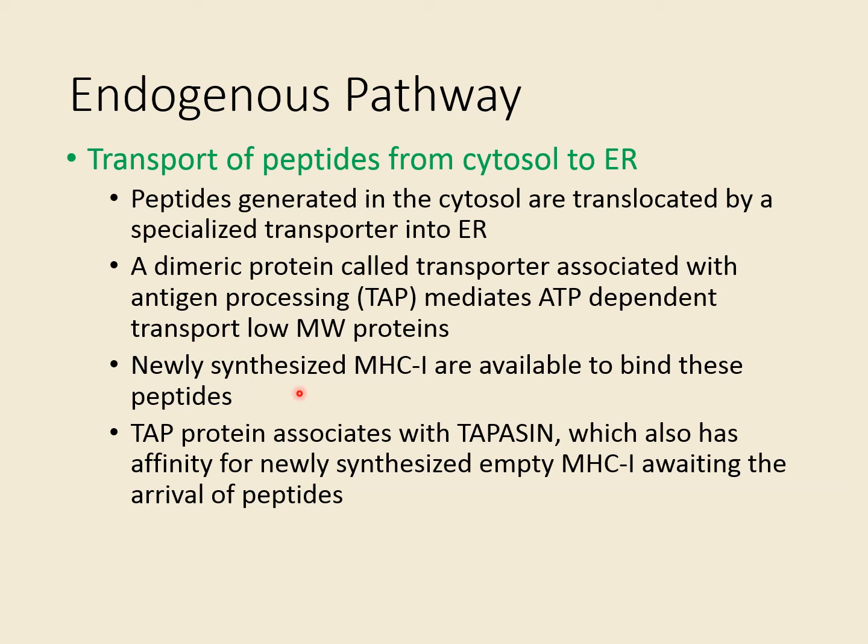So the newly synthesized MHC1 molecules are present and available to bind to these peptides. These TAP proteins associate with tapasin, which also has affinity to newly synthesized empty MHC1 molecules awaiting the arrival of peptides.